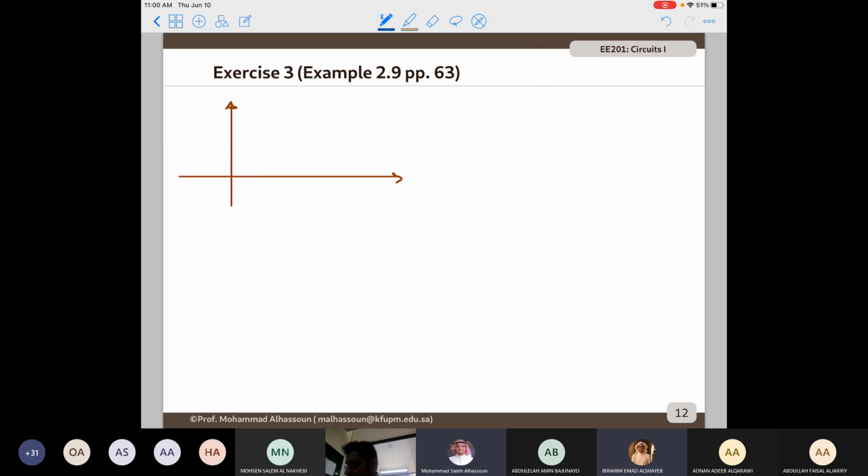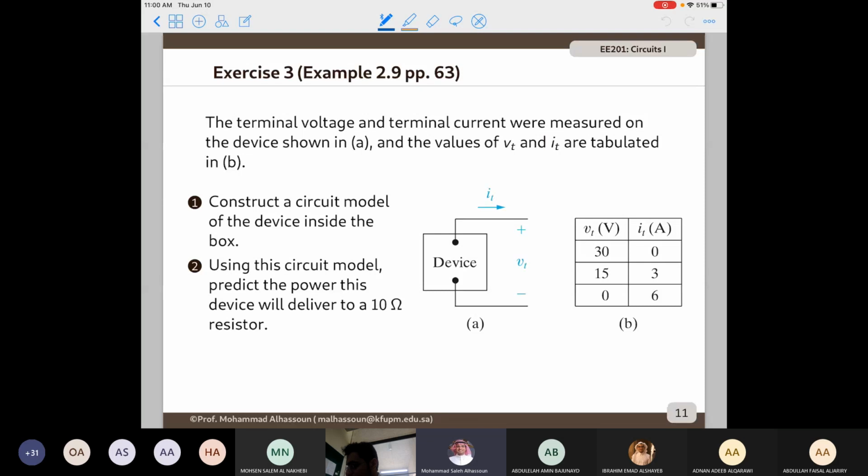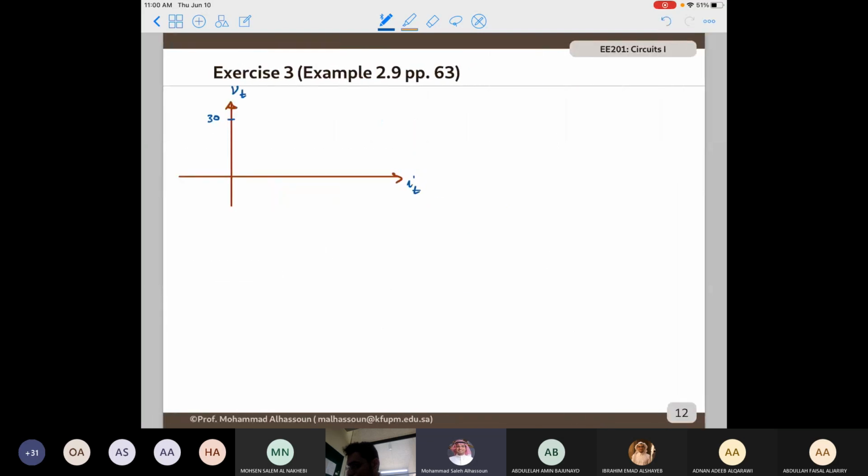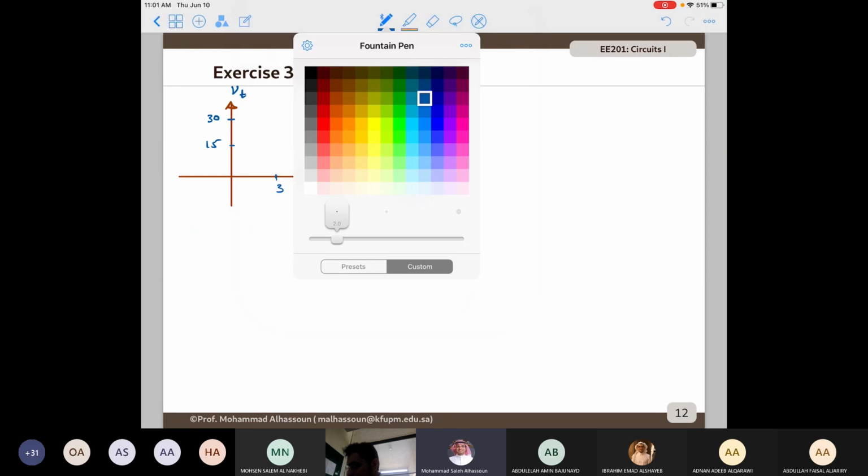We plot I on the x-axis and the voltage on the y-axis. Exactly. So we have 30, 15, and 0, and we have 0, 3, and 6. If we plot it, it will be something like this.